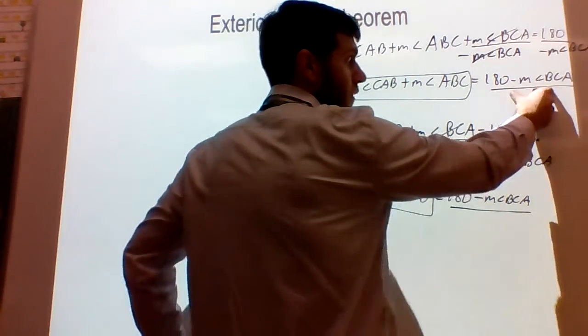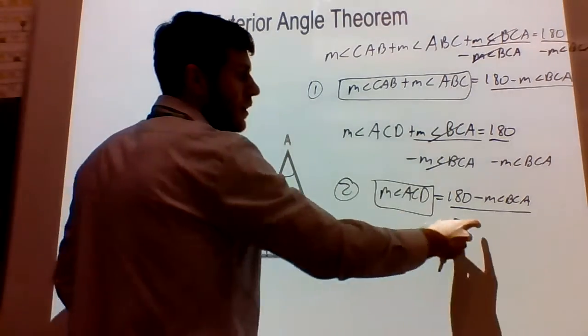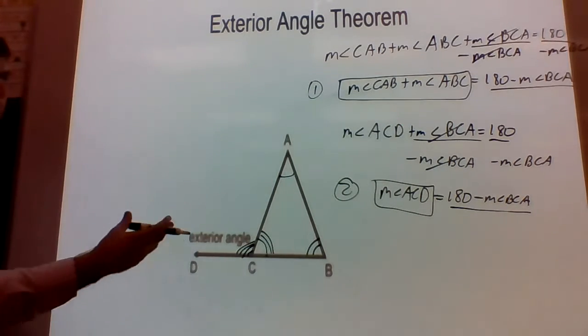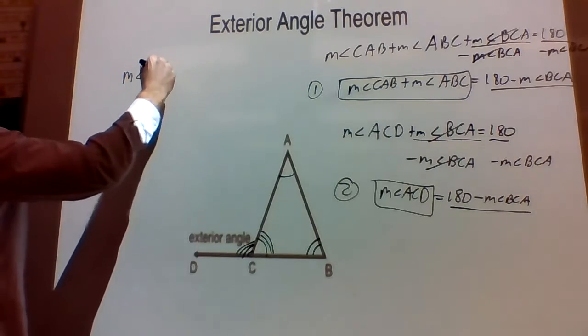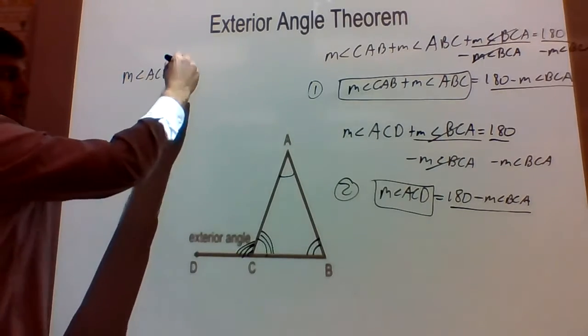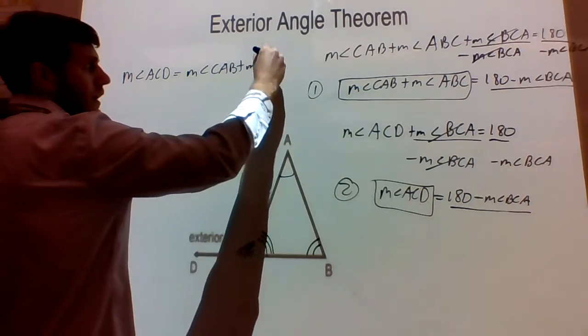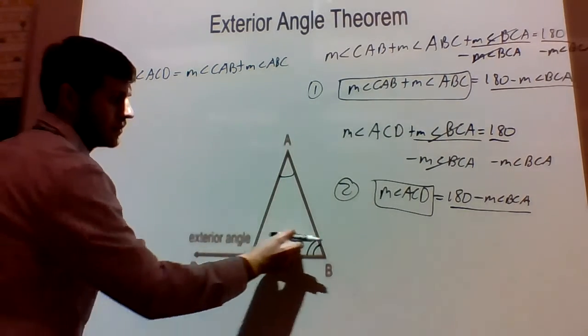Or by the transitive property, since they both equal the same thing, we can set them equal to each other. So if they're equal to the same thing, they're equal to each other. So we have the measure of angle ACD is equal to the measure of angle CAB plus the measure of angle ABC. And that is what our exterior angle theorem tells us.